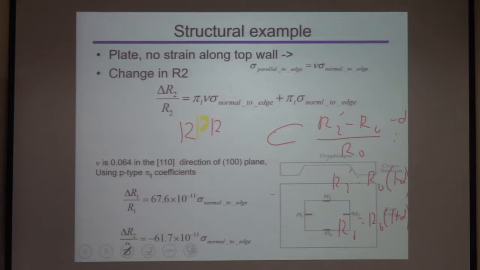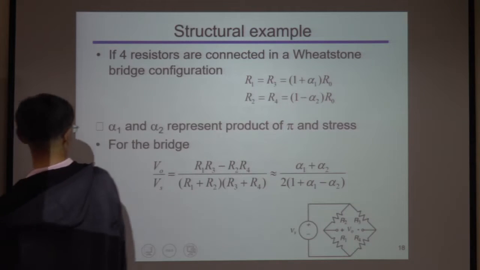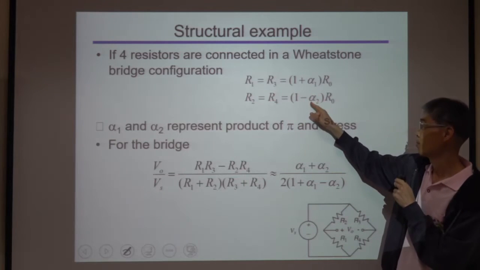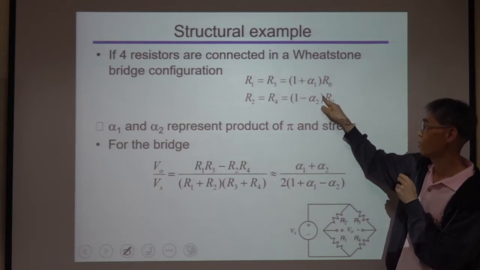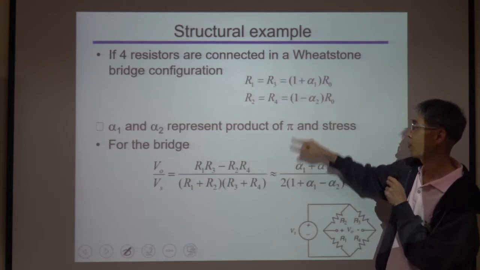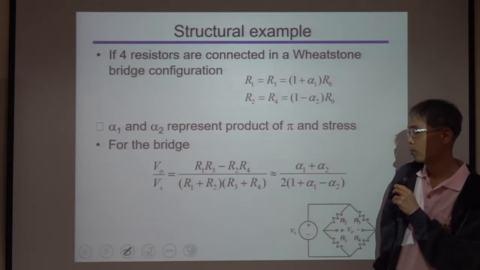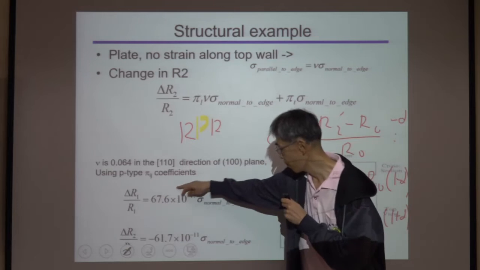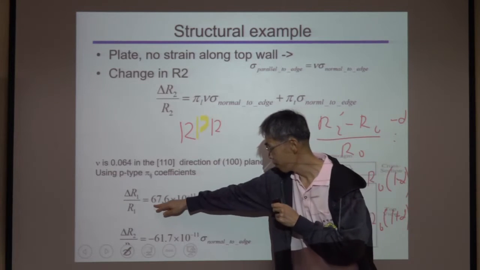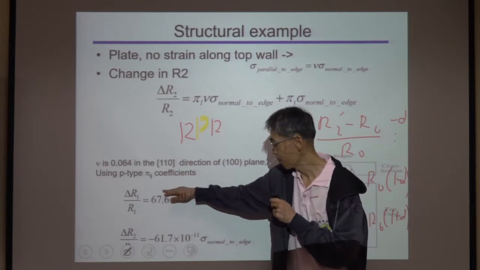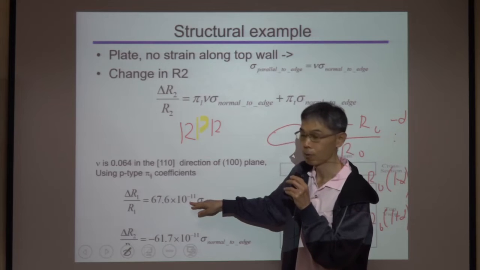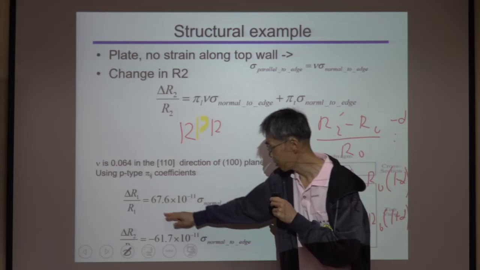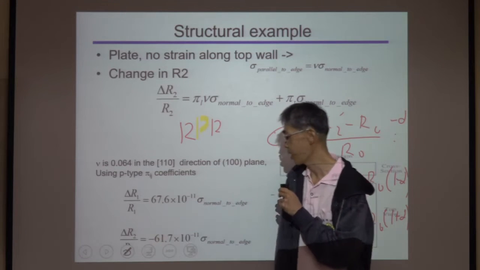Okay, next page. That's why we can get these two equations, R1 and R3. This is the original value. We use alpha 1, alpha 2, from previous. We have this positive number for the piezo value and stress, so we have a positive sign and a negative sign.